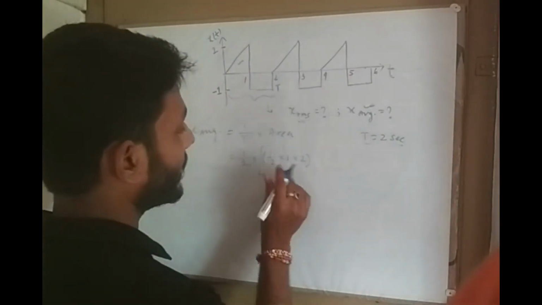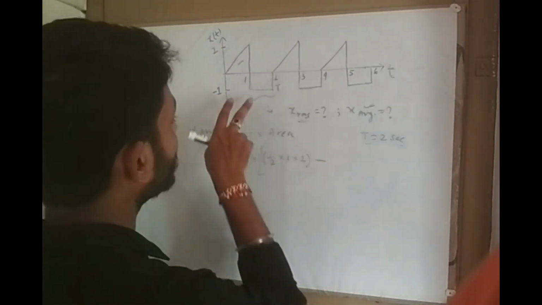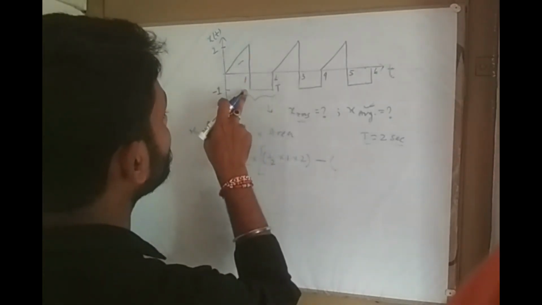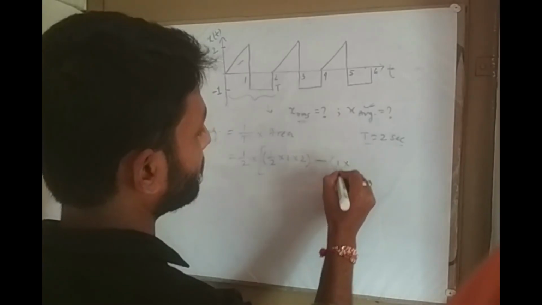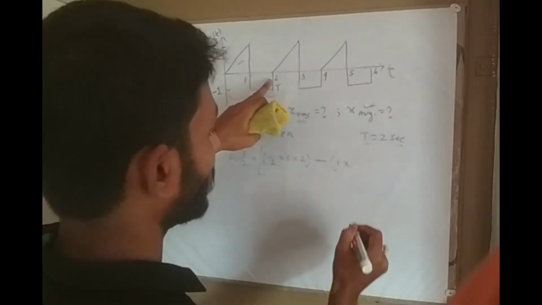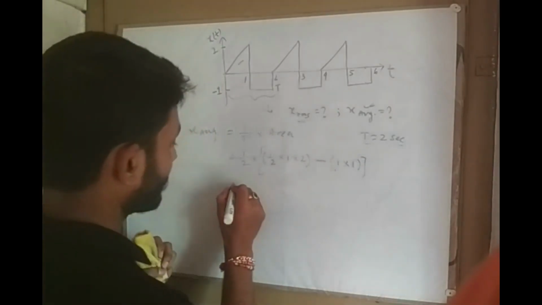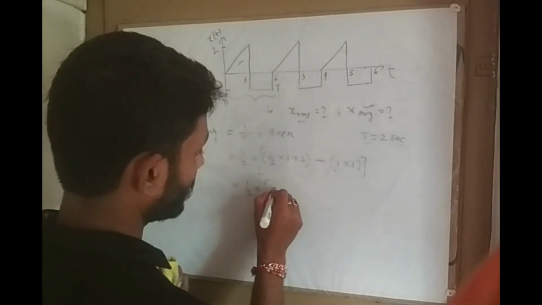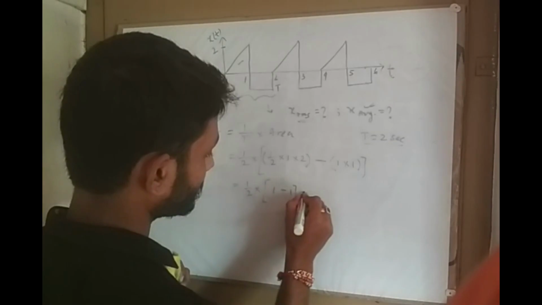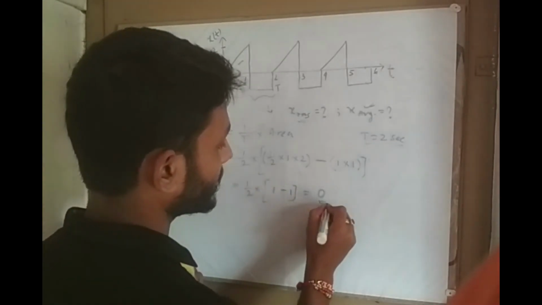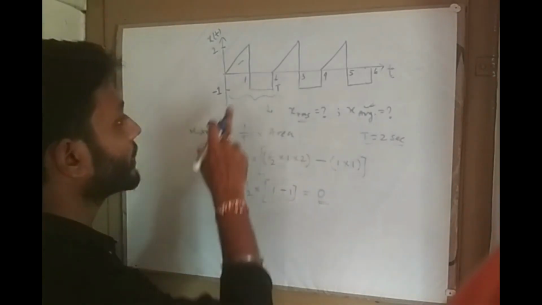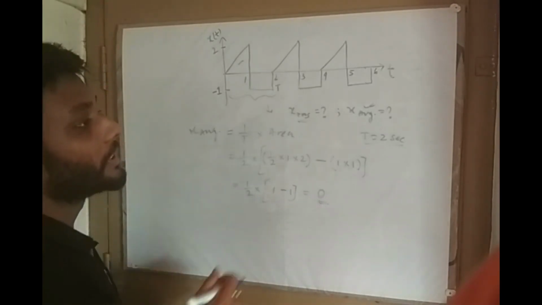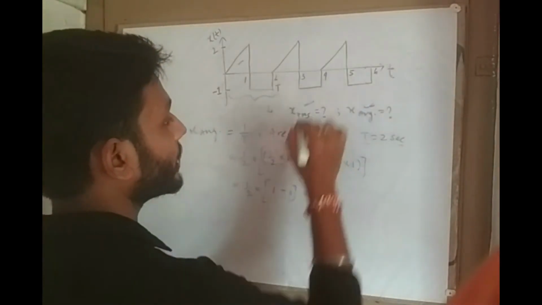So directly, the positive part area minus the negative part area is 1 multiplied by 2 minus 1, which is 1. 1 by 2 multiplied by 2 cancels out, 1 minus 1, so the area is 0. For this signal the x average value is 0. Now we will see what the x RMS value will be.